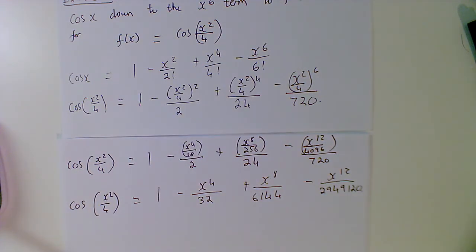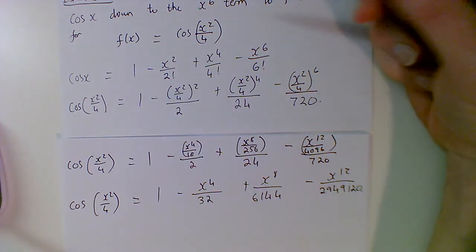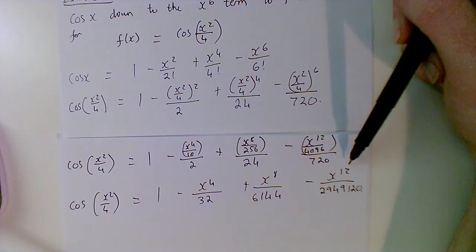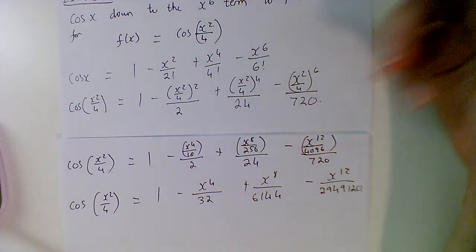So that is the Maclaurin expansion for cos of x squared over 4, down to the x to the power of 6 term for cos x, and then you just let whatever term you get at the end. Okay.